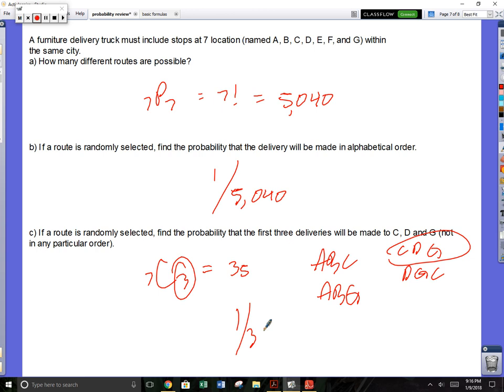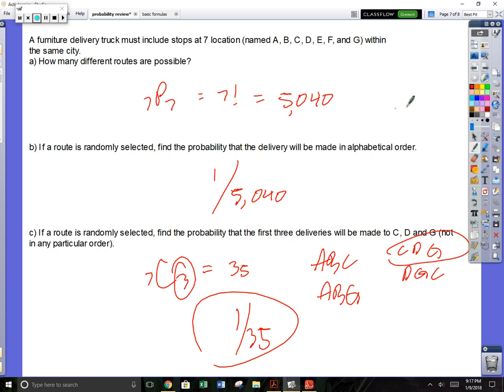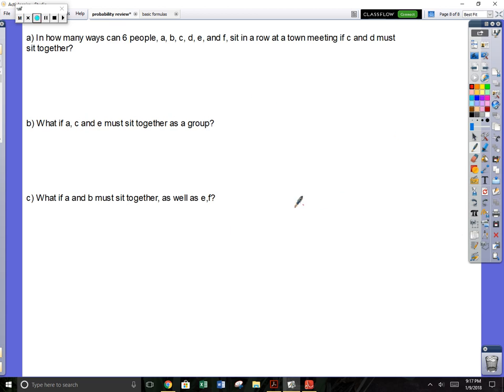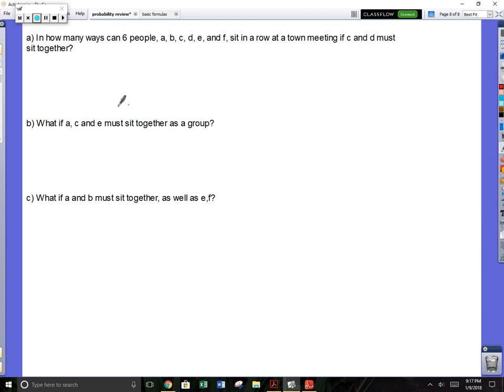So one chance out of 35 is going to use the letters C and D and G. The rest of those 35 are using like GFE, GFD, GFC, all sorts of stuff. Okay. Oh, this was a good question.